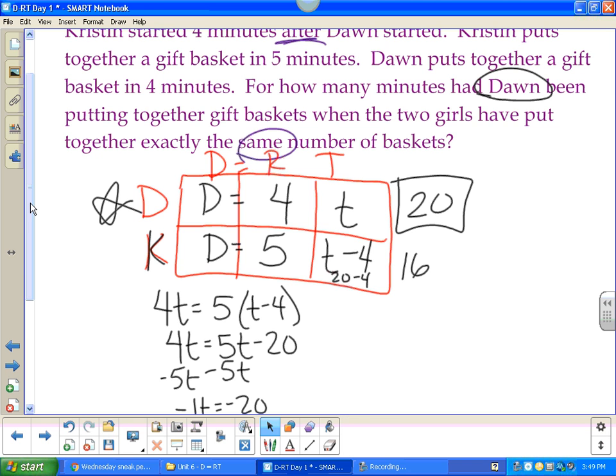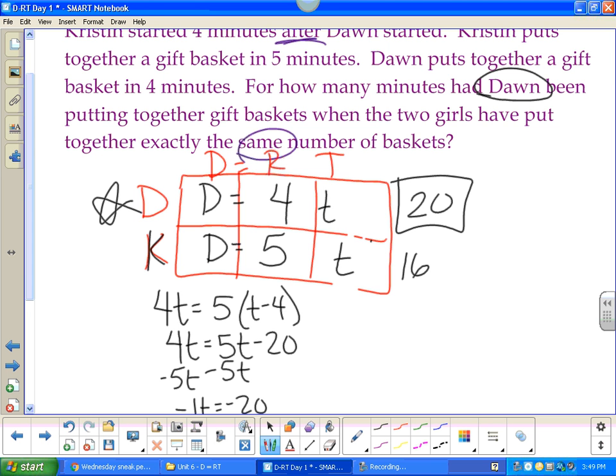Okay, and then just to prove a point, I'm going to take this out. And I'm going to let Kristin be T and give Dawn the, was it 4 minutes? A 4-minute head start. And show you that you get the same thing. So 4T plus 4 equals 5T. Is that right? Was it a 4-minute head start?